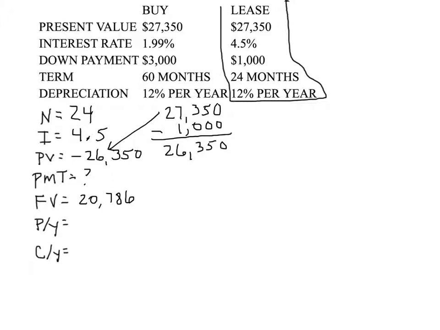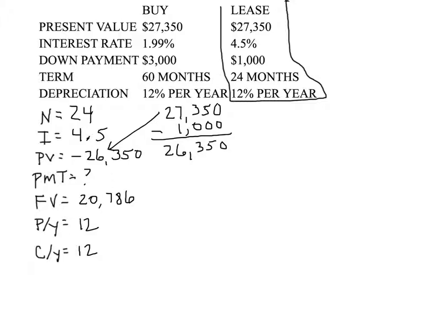So when I first get it, I took $1,000 off of it, so I'm going to use the $26,350. And then the future value after 2 years, when I turn it back in after the lease is up, is $20,786. PY is the payments per year. We're going to pay every month. And the compounding per year, we're going to do that every month, so that's 12.